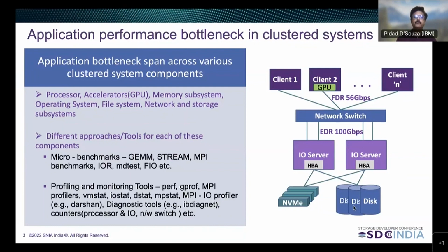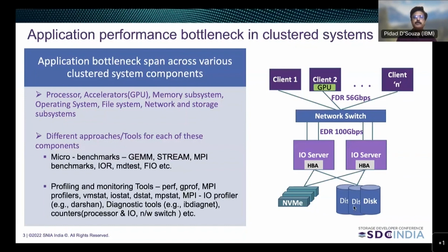Additionally, one needs to use profiling and monitoring tools to measure counter values pertaining to processors, GPUs, or network devices. These tools also help us to trace the application to identify the hot routines in the application.